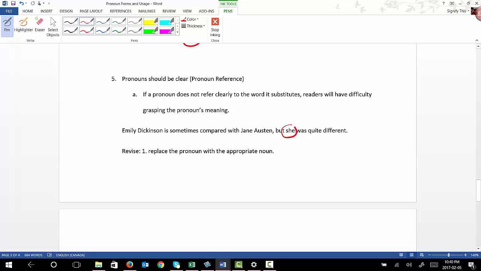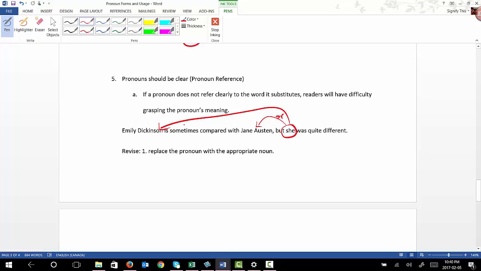She is the pronoun in this case. But who is she referring to? Is she referring to Jane Austen, or is she referring to Emily Dickinson?